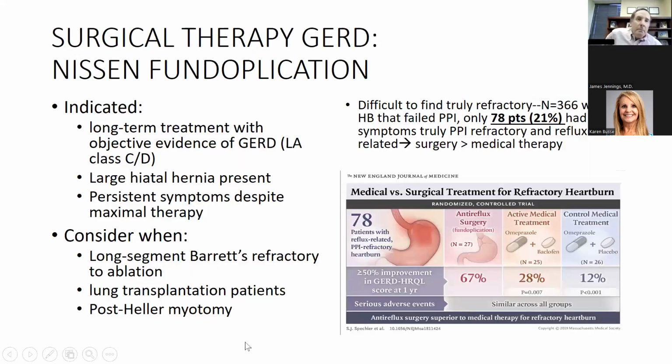Moving on to more invasive treatment for GERD. The majority of patients are going to be treated with medical and lifestyle therapy, but there are going to be some that are truly refractory that have failed PPI. They did one study in the New England Journal of Medicine, of 300 plus patients.